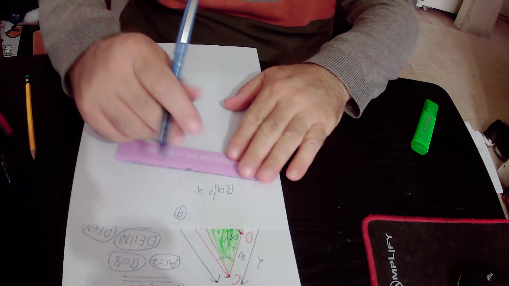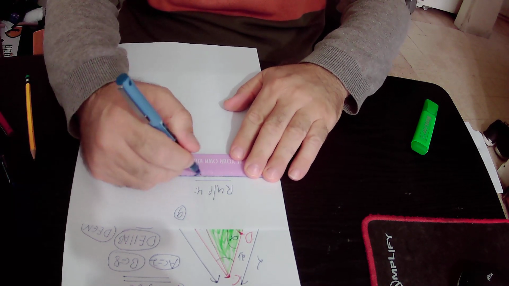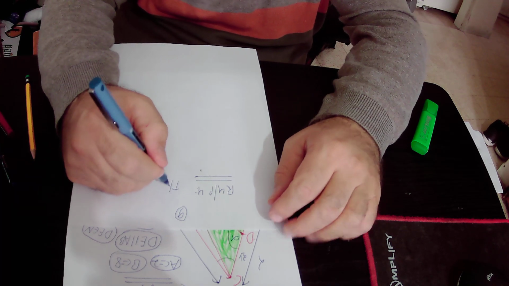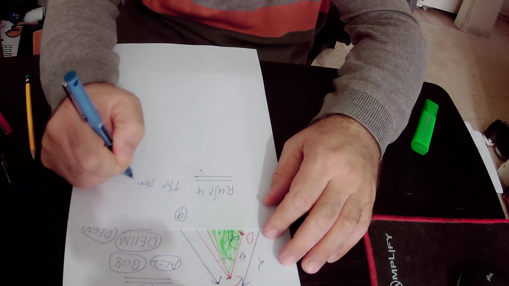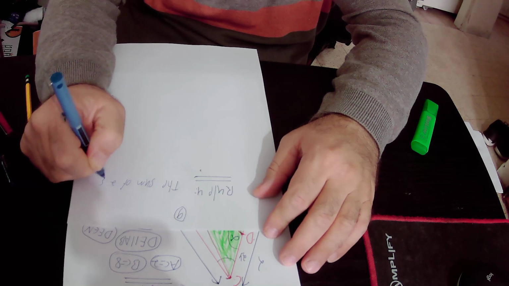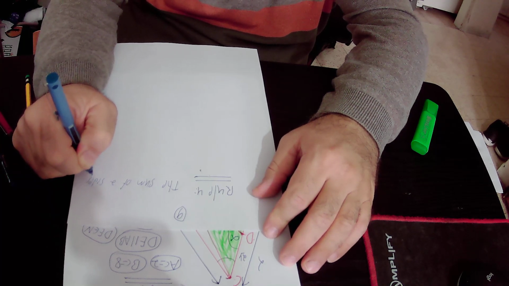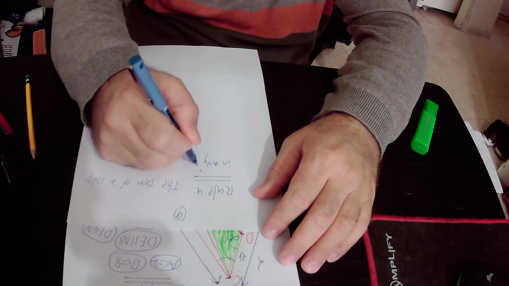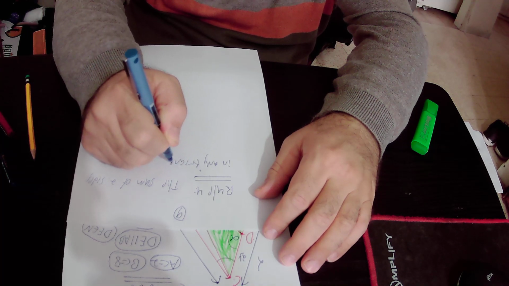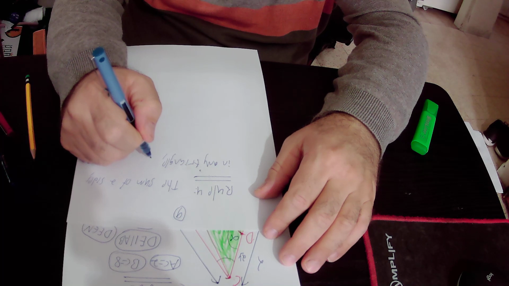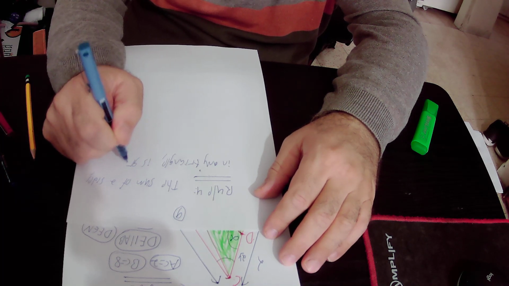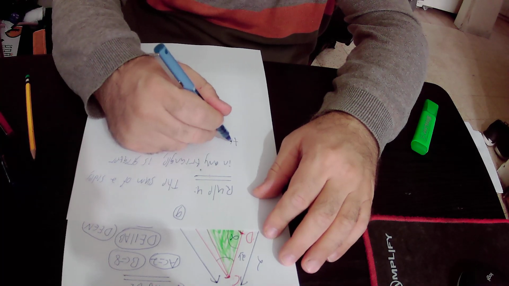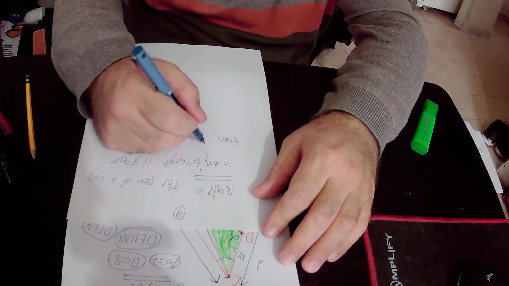Rule number 4 states that the sum of two sides in any triangle is greater than the length of the third side.